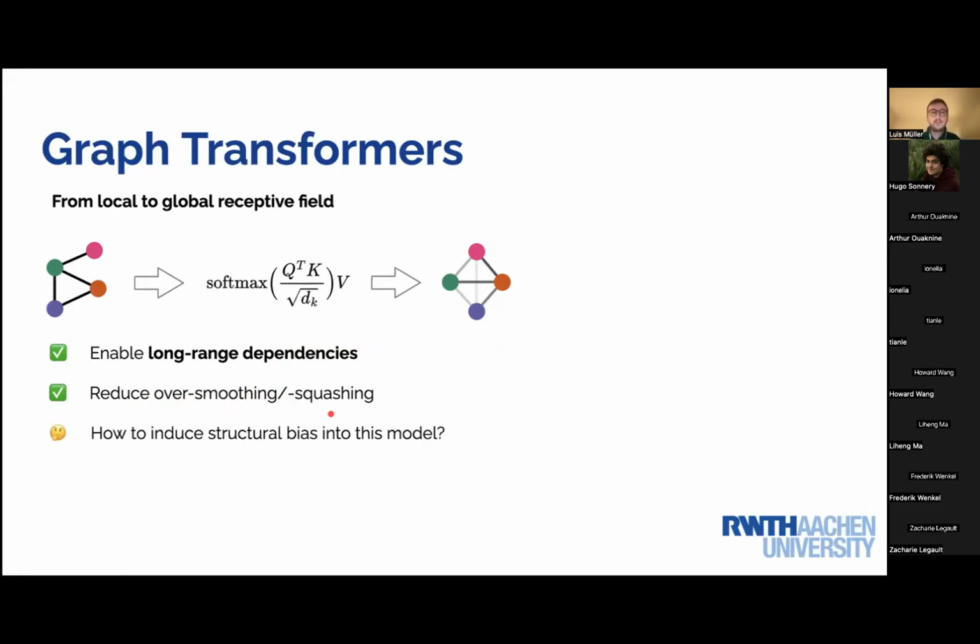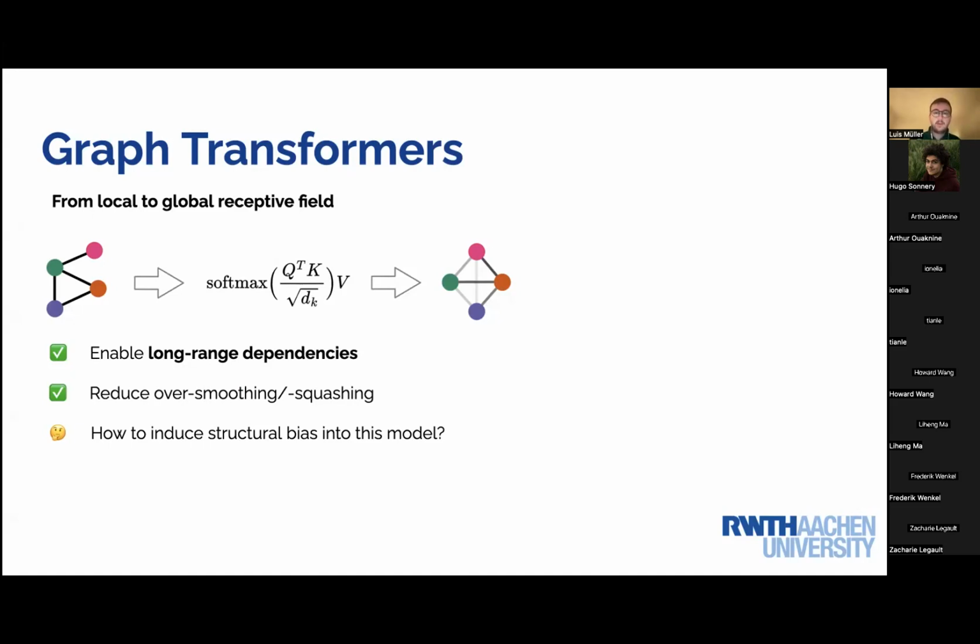But there are also questions around building graph transformers. It appears that it's not very trivial to build one that is, for example, universal, because that would also mean it can approximate the graph isomorphism problem, and we don't even know whether we can solve that yet. So the question is, how do we actually induce structural bias into the model?